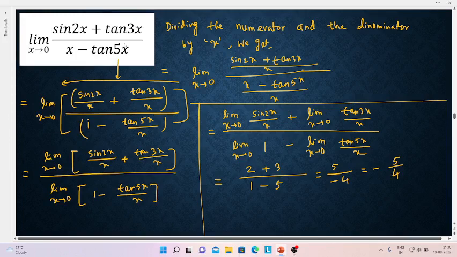If after substituting the value of x you get an indeterminate form, then in this question you have to divide by x and separate, and after that use two formulas of sin x upon x and tan x upon x type, and you will get the solution, right? So this is a basic but very interesting example.